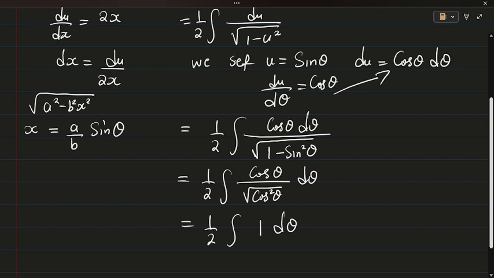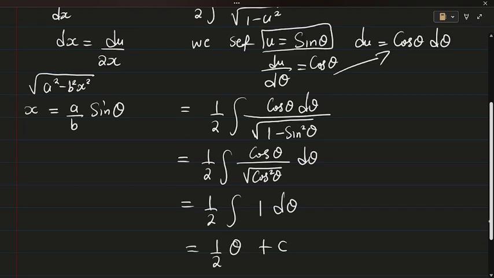So now we need to go back and check what our theta is. To find our theta, we're going to use where we set our u to be sine theta. Remember, u is sine theta. Sine theta is equal to u. So if you want to solve for theta, it means theta is going to be the inverse function of sine into u, or arc sine u.